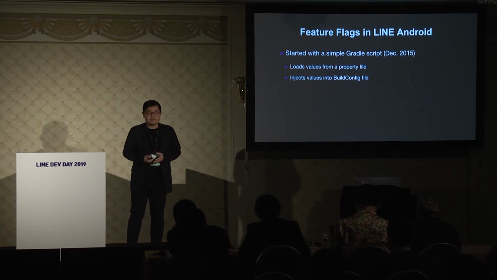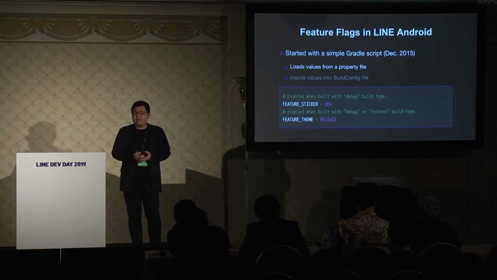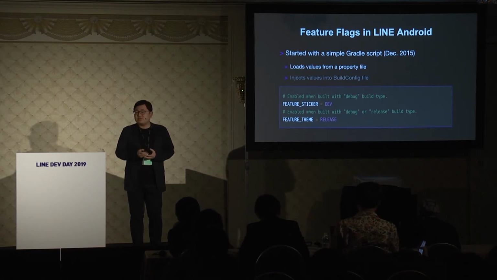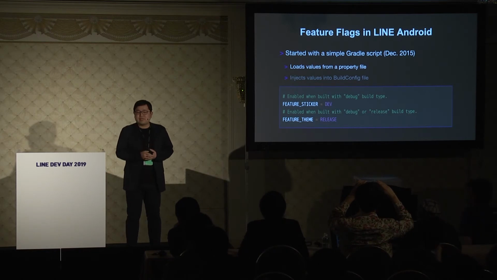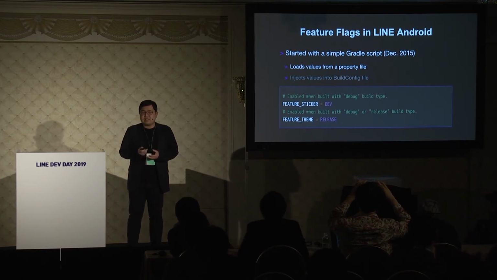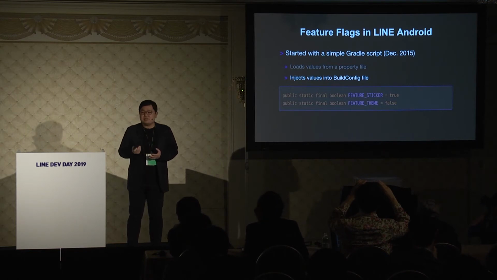Based upon this kind of information, the value would be generated. So it's possible to describe the property like this so that you can tell which build type will make this feature enabled. And then we decide the value.